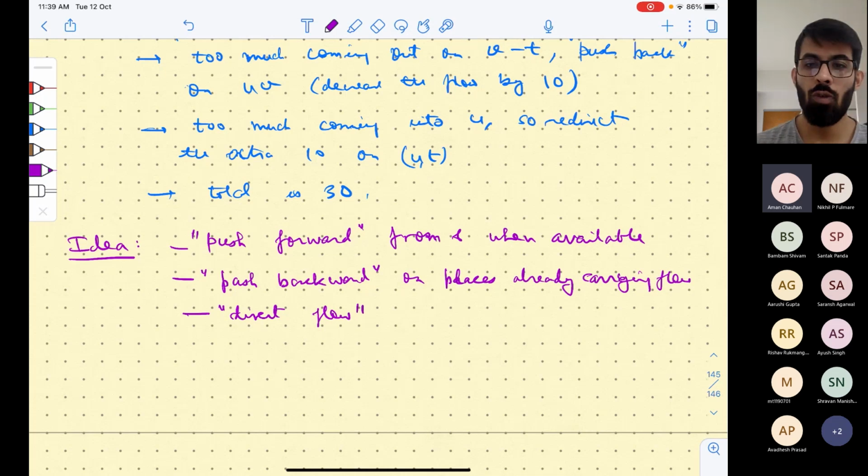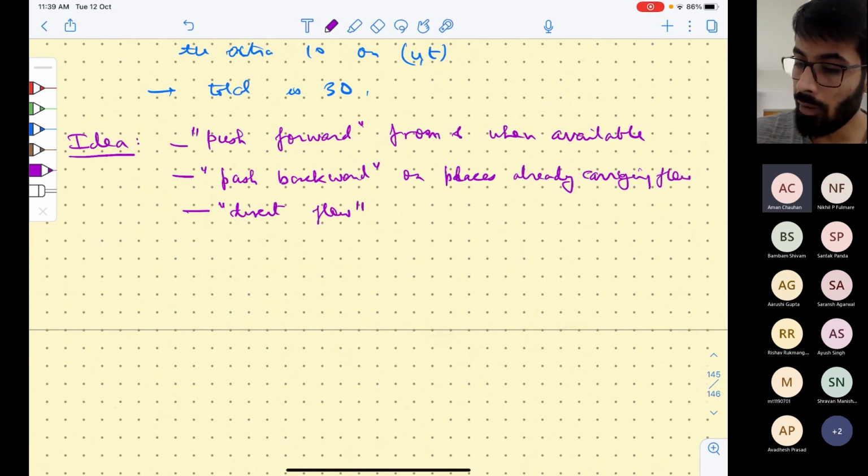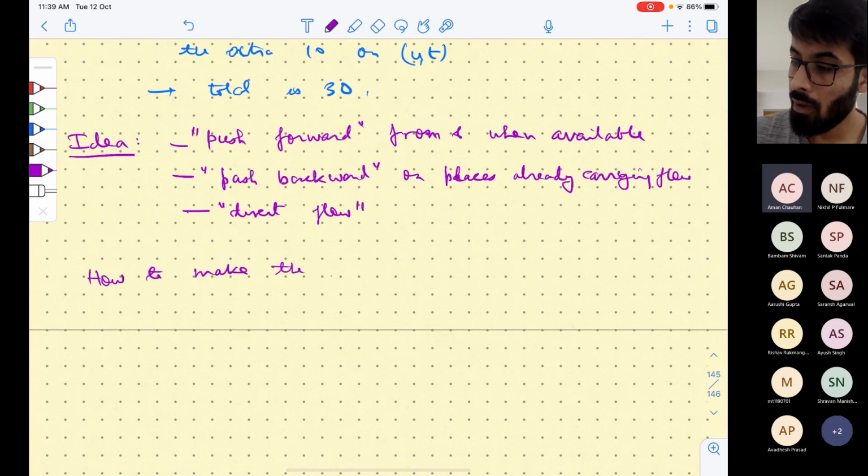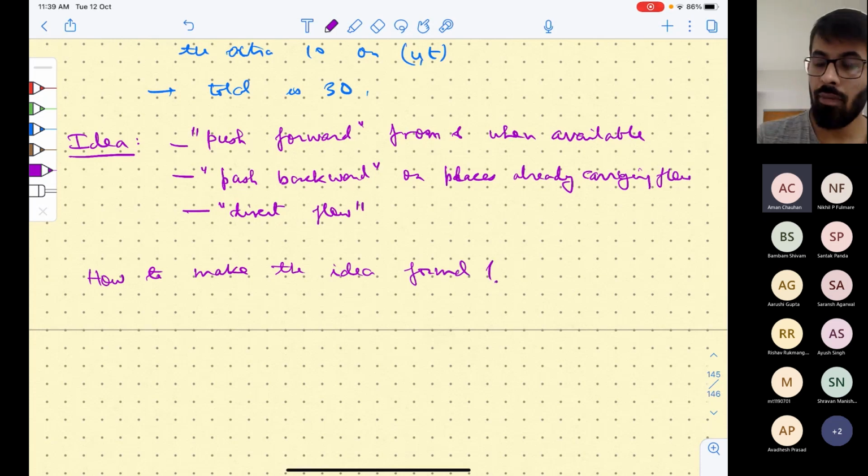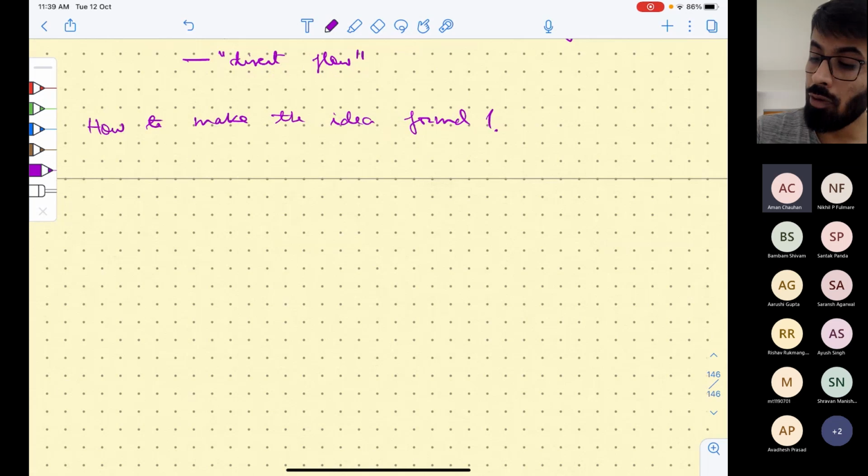So let's first look at that. How do we formalize this idea? For that, we define this notion of a residual graph. So how to make this idea formal is the question. Okay?